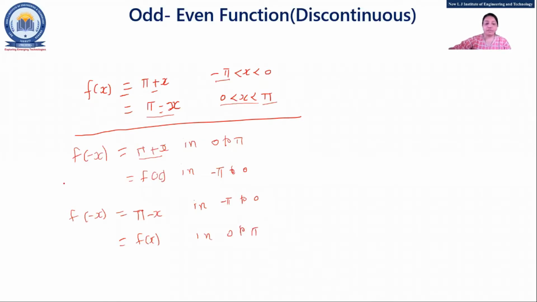That means f of x equals f of minus x, so our function is even. And whenever the function is even, which term is supposed to be 0? Anyone student?